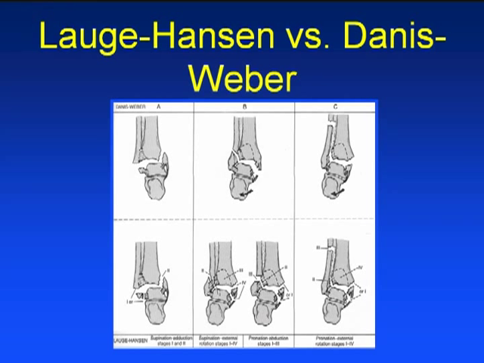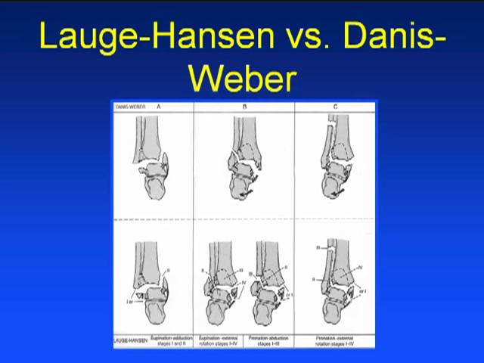Now you can compare the two. If you look across the top, this is a Weber type A, a Weber type B, or a Weber type C. In the Weber type A, you end up with a supination adduction injury where you pull off horizontally. You see it up here.